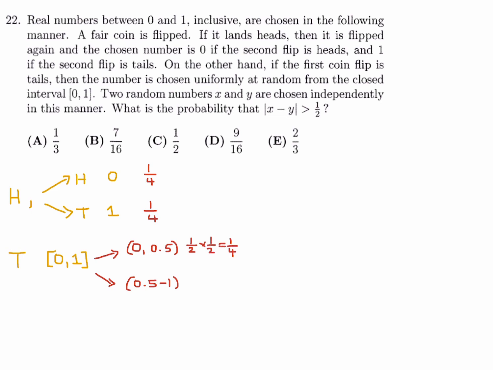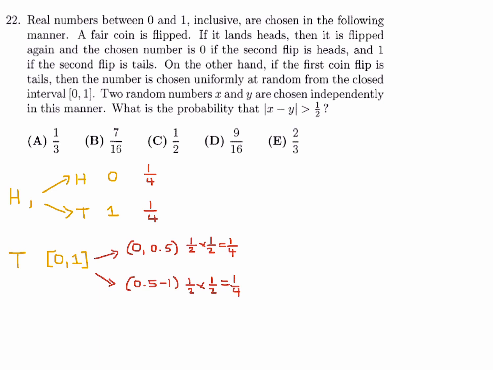Why? Well, the probability of getting a tails in that first flip is 1/2, and then the probability of getting this half of the range is 1/2, so that's why you have to multiply 1/2 by 1/2. And very similarly, 1/2 to get a tail and 1/2 to get that half of the range. So this is also going to be 1/2 times 1/2, and that's 1/4.